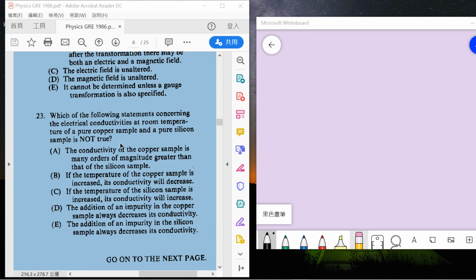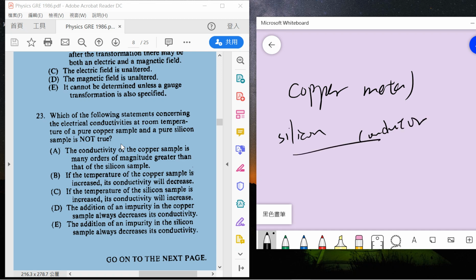So 23 asks about conductivity, about temperature, and pure silicon and pure copper. Basically, you know copper is a metal and silicon is a semiconductor.